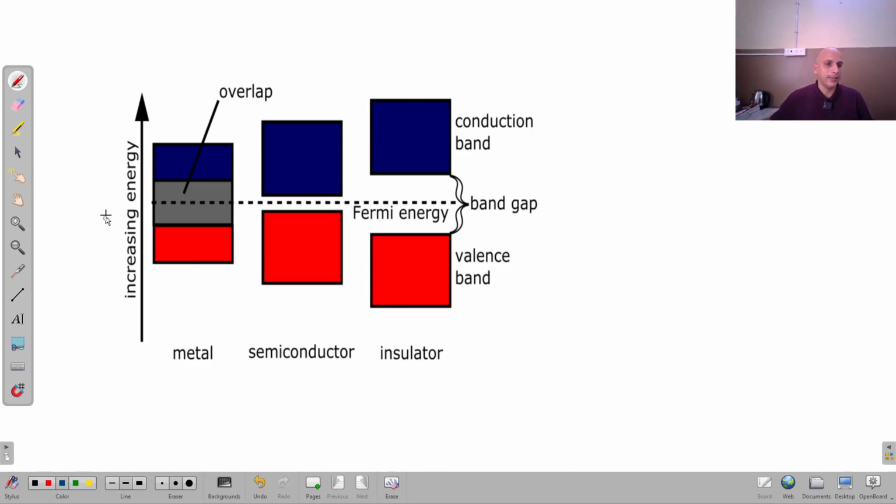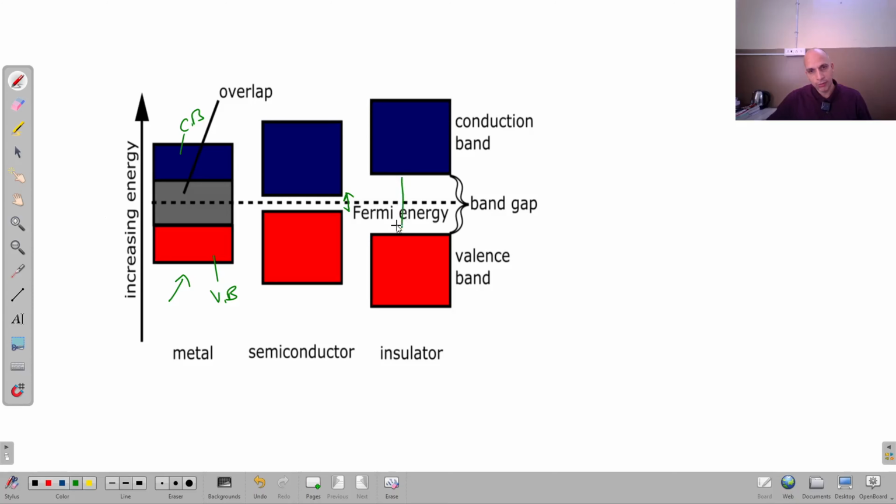This side is energy, right? You can see here that in case of metal there is complete overlapping of the valence band and the conduction band, right? In case of semiconductor there is an energy gap between the valence band and the conduction band, but this gap is small.